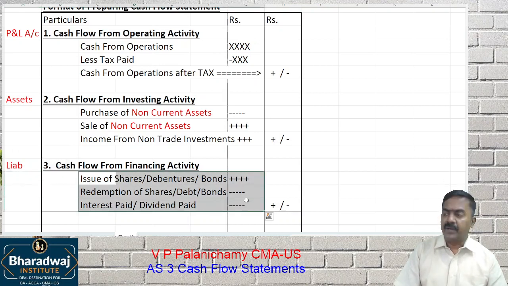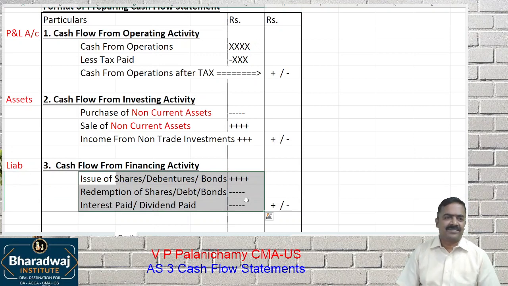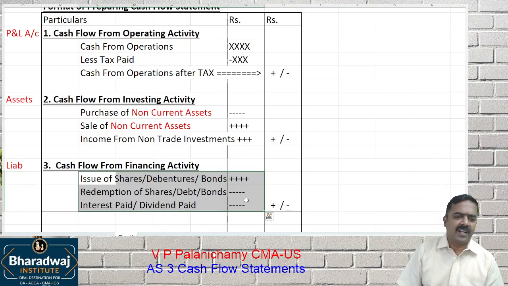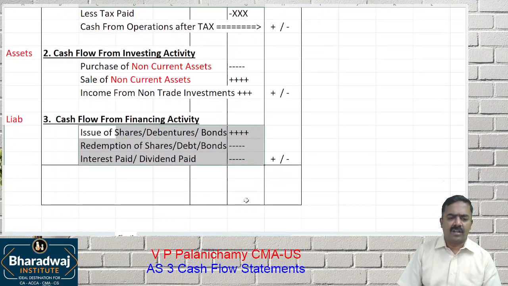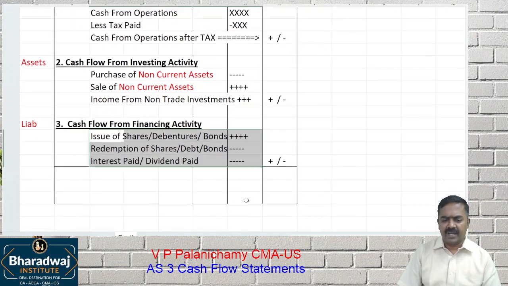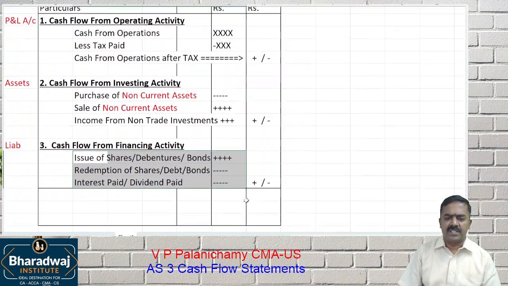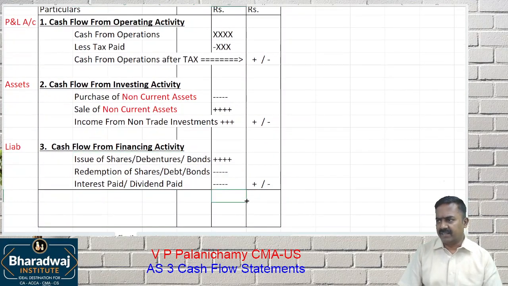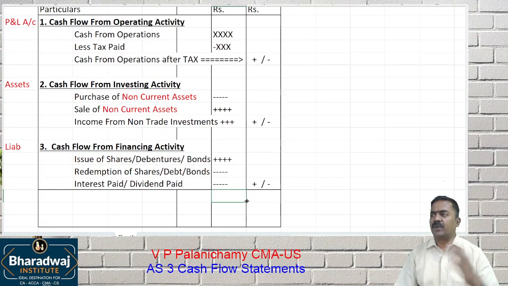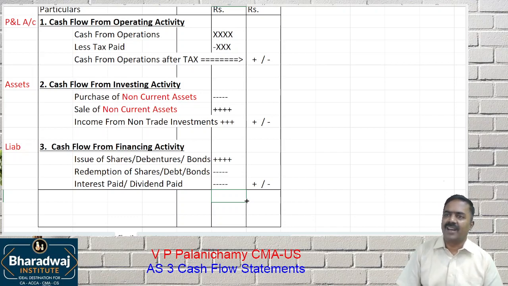Now here will you take current liabilities? For example, creditors. When you pay creditors, is it financing activity or operating activity? Operating activity. Paying money for outstanding expenses, outstanding rent, all those things, is operating activity. That's why we take only non-current liabilities. Current liabilities will not come.